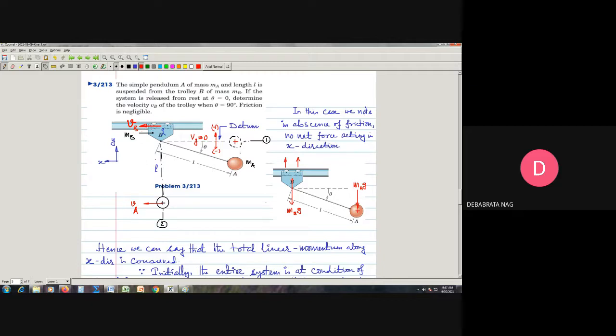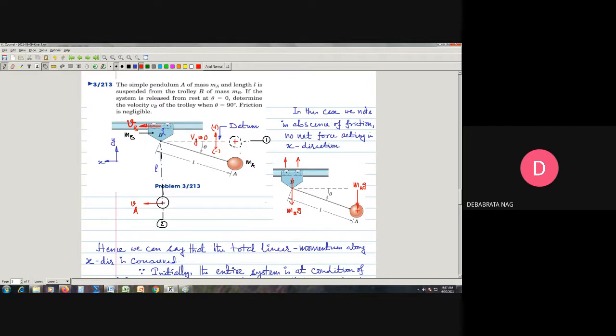It indicates that the trolley's velocity is shown here tentatively in the positive x direction, but actually the motion of this trolley will be in the opposite direction.